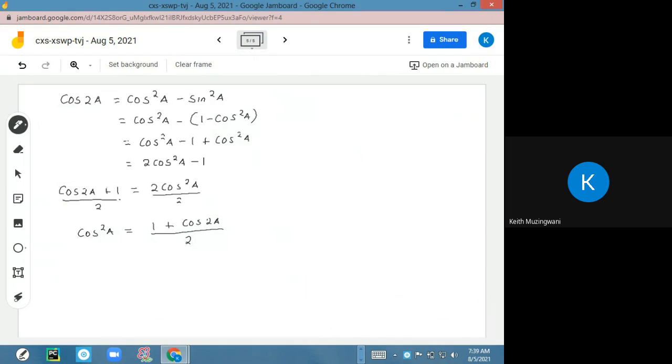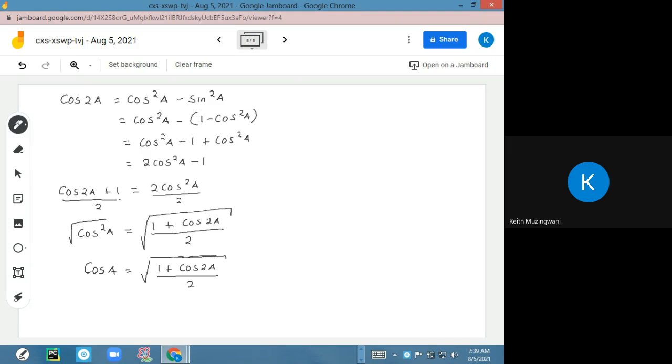And then we square root, we'll get cos a is equal to the square root of (1 plus cos 2a) over 2.